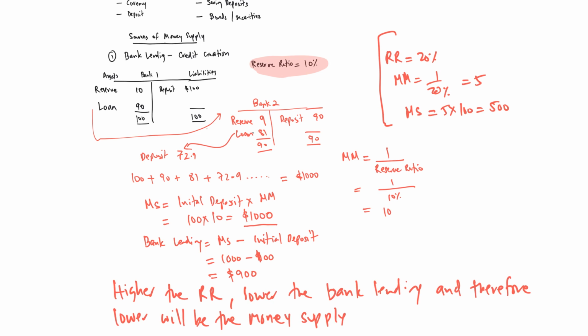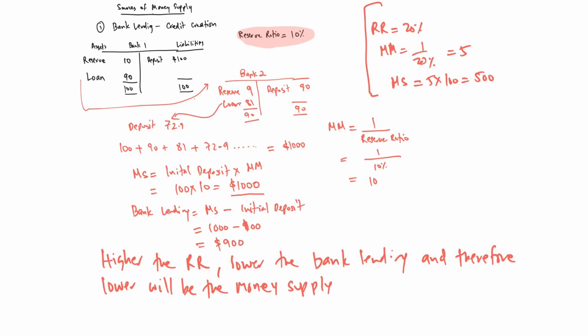So one way the government, through the central bank, controls money supply is through what we call the reserve ratio. When you change the reserve ratio, you will see that the money supply will change.